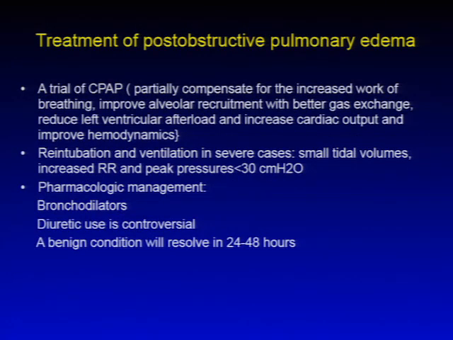For treatment of postoperative pulmonary edema, we can start a trial of CPAP. Reintubation and ventilation are reserved for severe cases. Bronchodilators and diuretics are used. All benign conditions can be resolved in 24 to 48 hours.